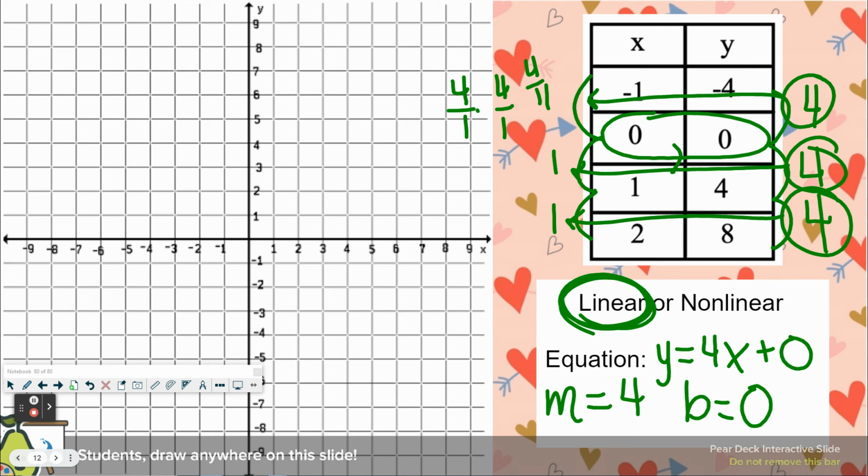Now go graph. This is nothing new to us. We're just keeping this skill fresh in our brain. We've been doing this for 2 weeks. Go ahead and graph.